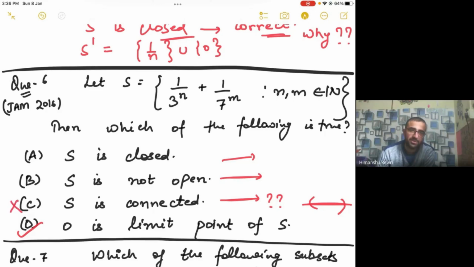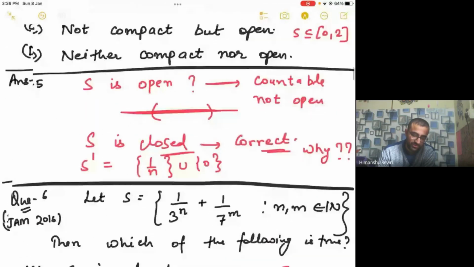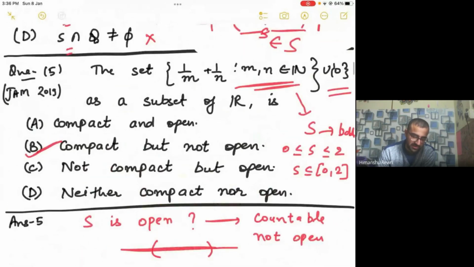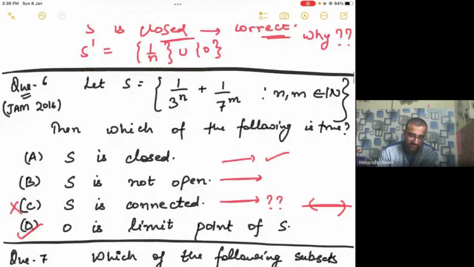What about A and B? Since 0 does not belong to S, it is not closed. Yes, exactly. If we remove the 0 in the previous question, the set is also not a compact set. So 0 is essential for this set to be closed. What about B?